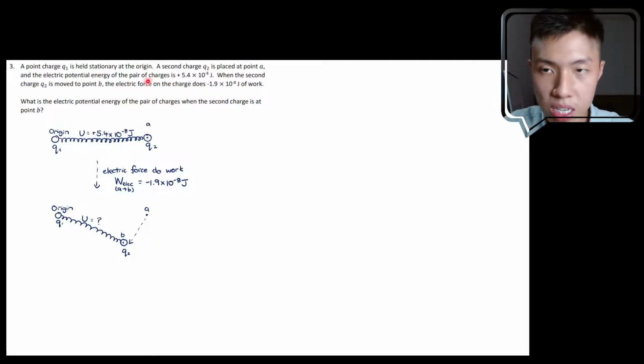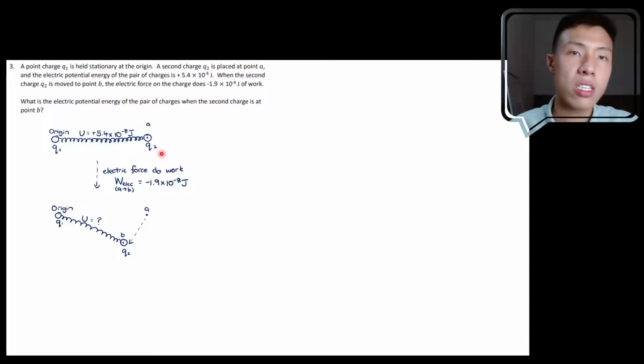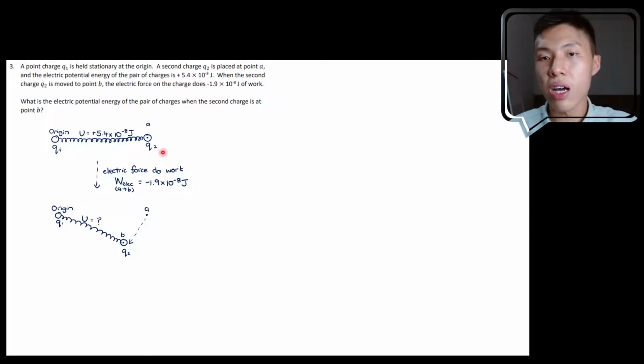If you read closely, it's the electric force that does the work, and it does the work on the charge Q2. So work done on Q2 to bring the charge from point A to point B. Okay, if it's work done by external force, then we'll say negative 1.9 times 10 to the power negative 8 joule of work is required to move the charge from point A to point B. If it says like work required or work needed, then those are work done by external force.